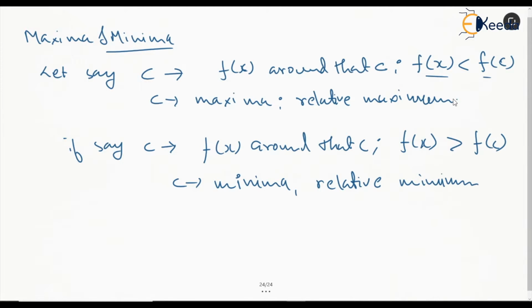So at a local level, it is going to be a relative minimum, right? Of course, we can check this graphically, and we can also check how to do it mathematically.